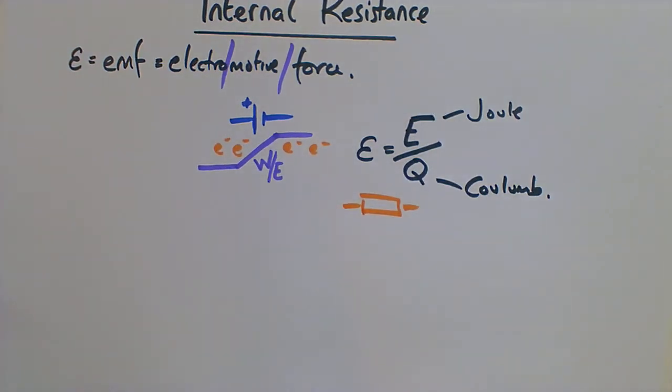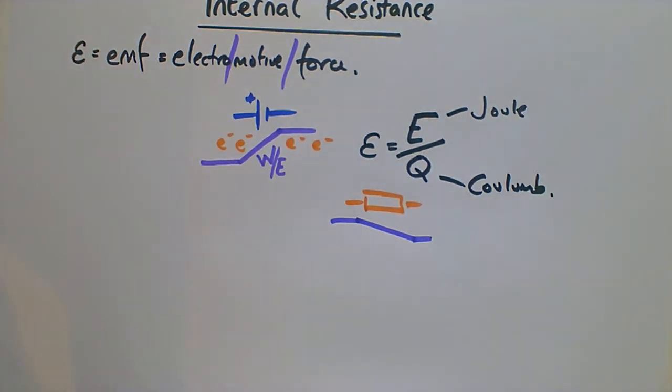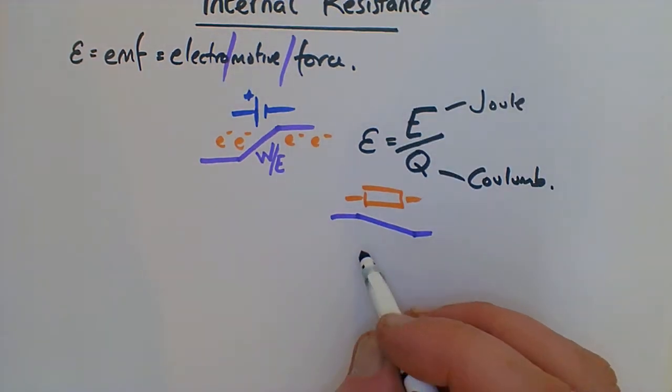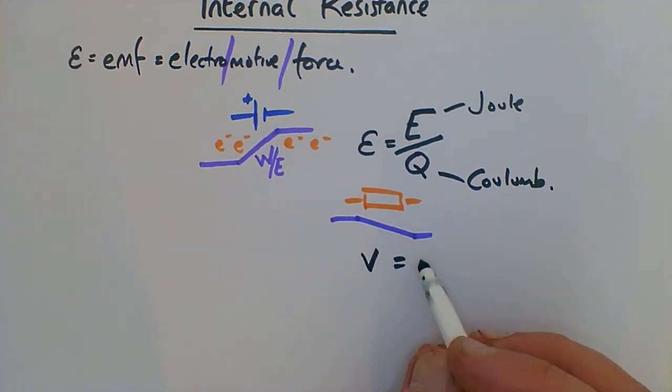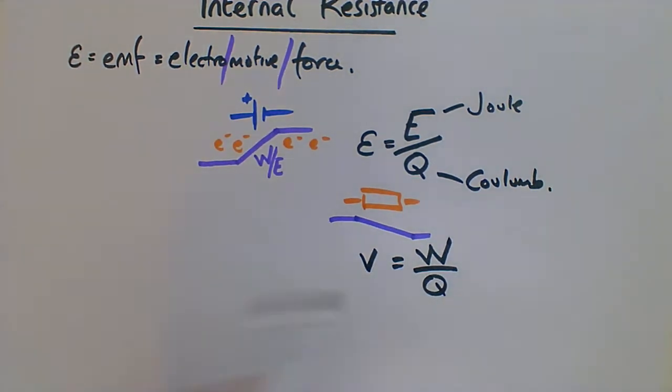Alright, so we come in, and this time work is done to get through it, so we lose energy. Now that one there is the potential difference, PD, is equal to the work done per unit charge. Now those two formulas are exactly the same.